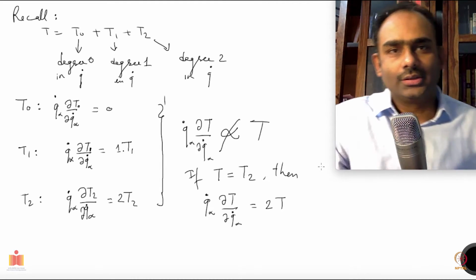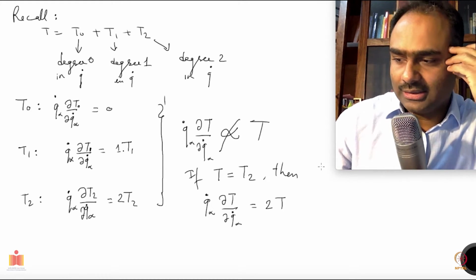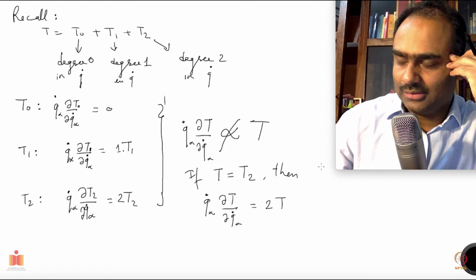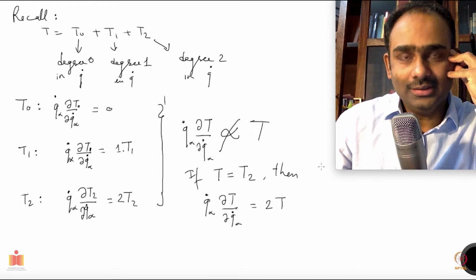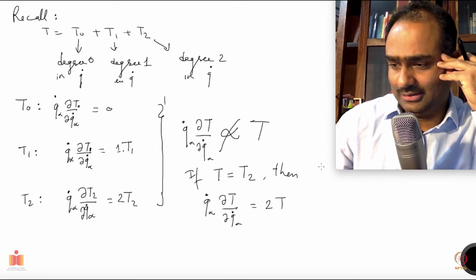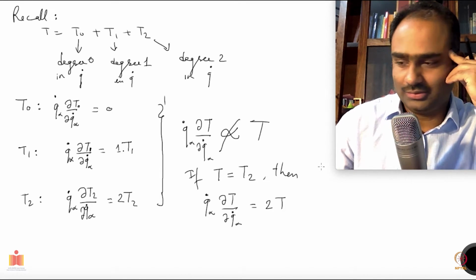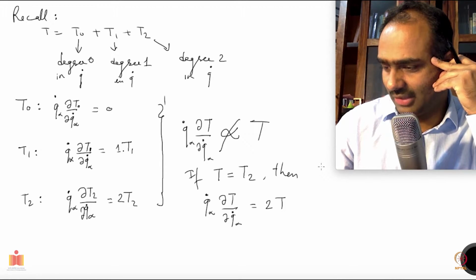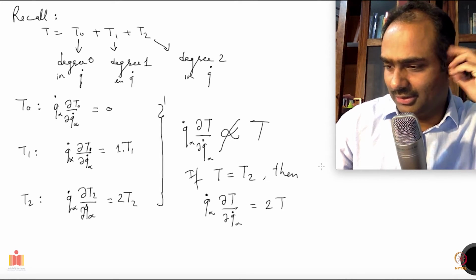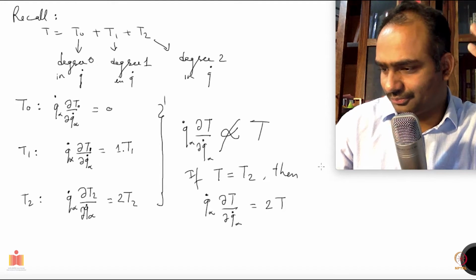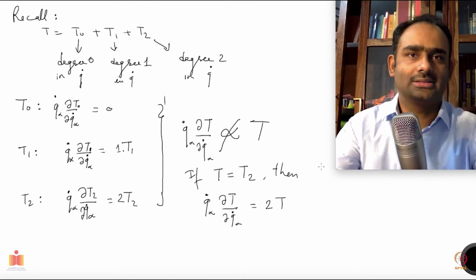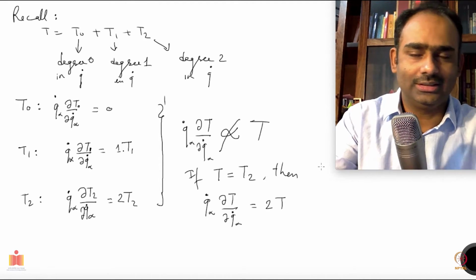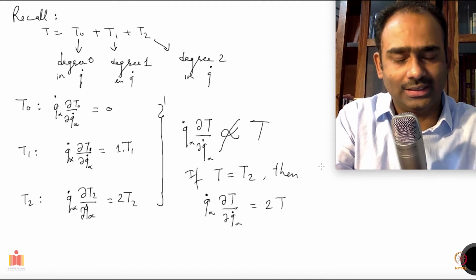Now what I want to talk about is time translation symmetry, and we will see what follows from there. Imagine you have a system that is isolated from everything else, which is not being influenced by something else.